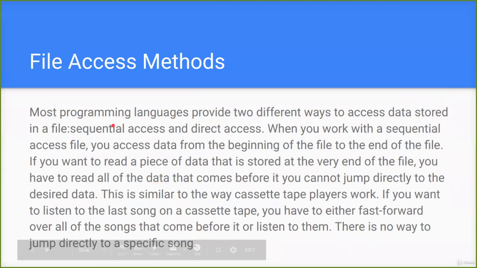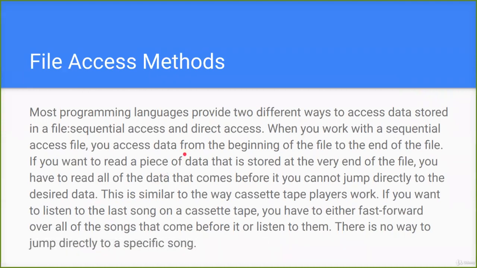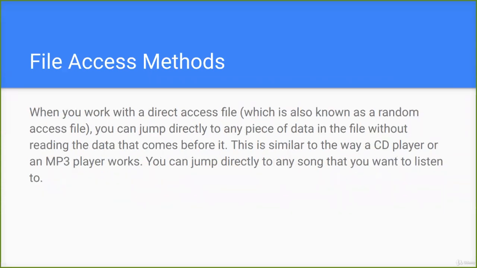You'll have to read the entire document in order to go to your desired data. Whereas inside a direct access, you can directly jump to the piece of data. So that is the basic difference between a sequential access and a direct access.